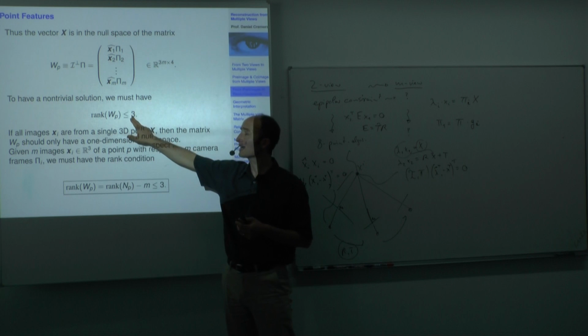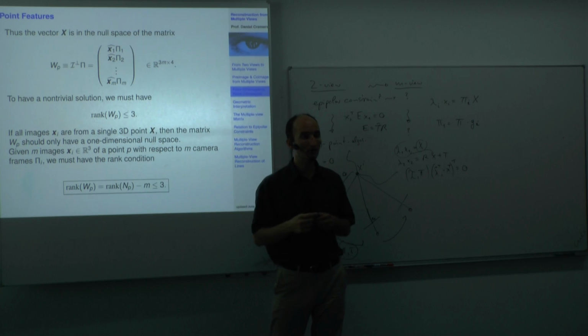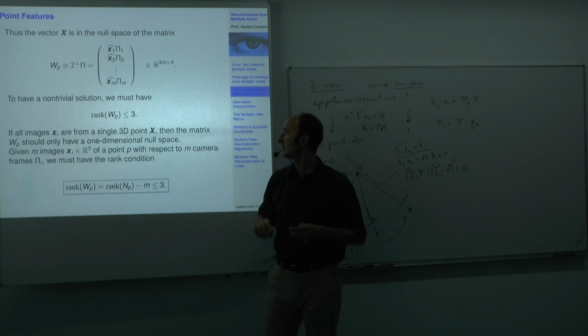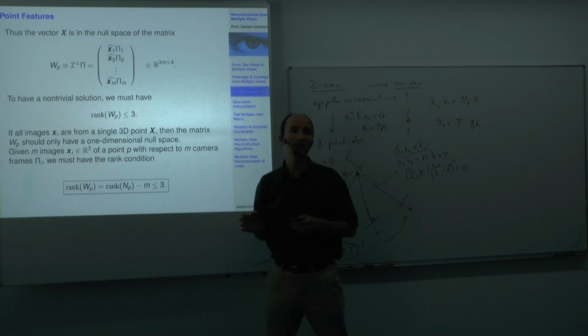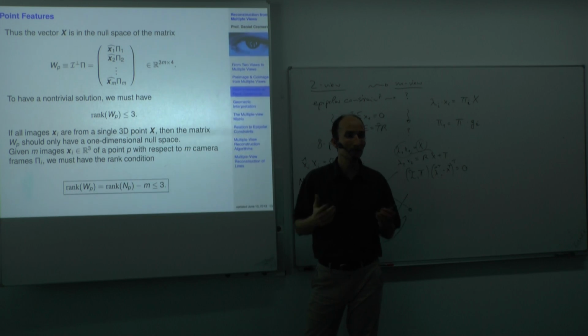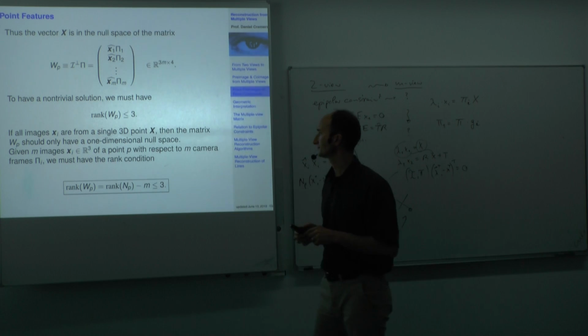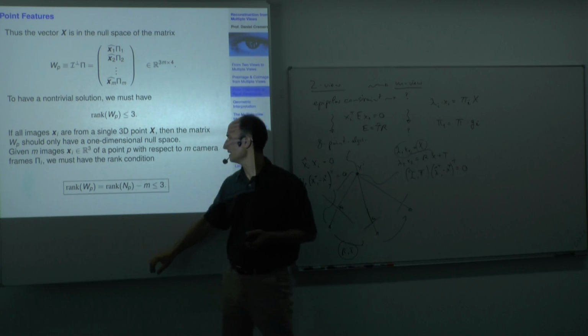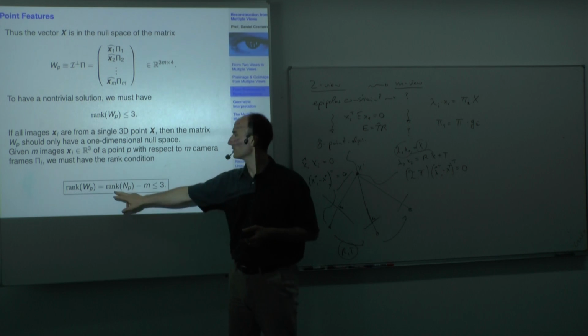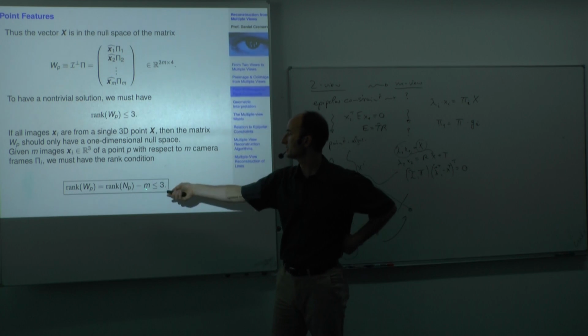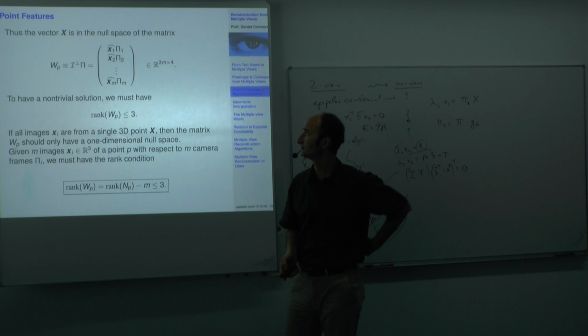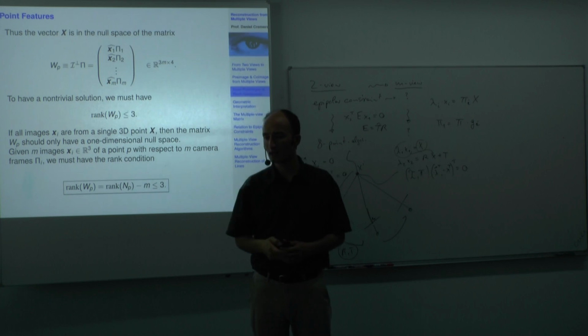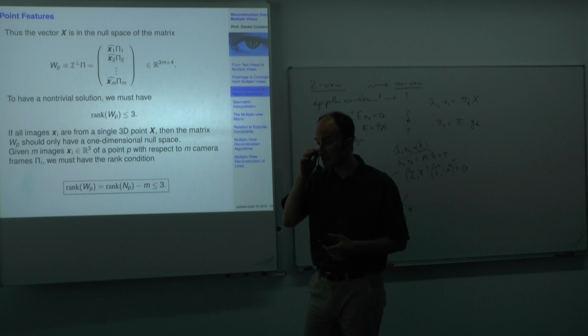If the rank is exactly 3, there is a reconstruction that is unique up to scaling. And if the rank is 2 or less, then you have non-unique reconstructions. And so we have the rank of Wp should be smaller than or equal to 3, or we can say the rank of Np minus M should be smaller than or equal to 3. This is a rank constraint for points observed in multiple images.